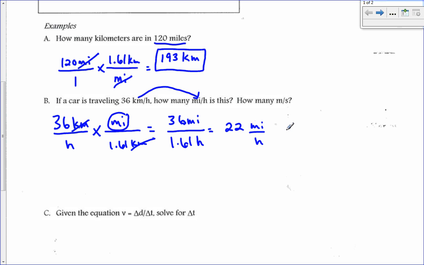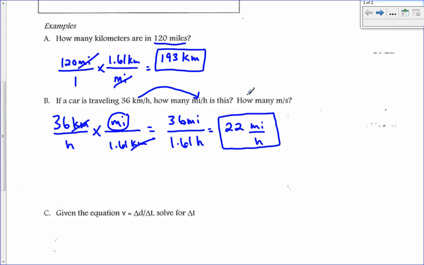Now, it is acceptable when you're writing the answer to put this fraction in this horizontal form, but when you're working the problem with dimensional analysis, you should never put the fraction in this form. This is only acceptable when it's within a statement. So I'm going to put a box around that answer, and I'm going to do the next conversion.